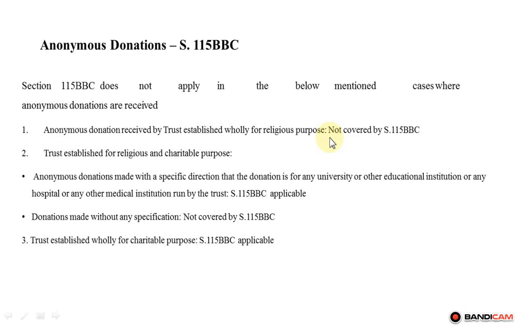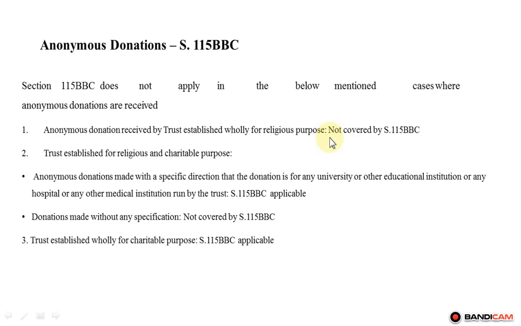Then any anonymous donation made with a specified or specific direction. So a trust established for religious and charitable purpose includes two parts. One is an anonymous donation made with a specific direction that the donation is for any university or educational institution or any hospital or any other medical institution run by the trustee. Then 115BBC is applicable.